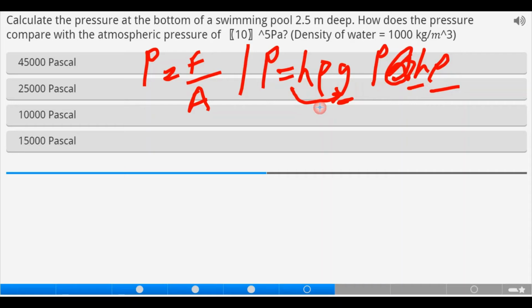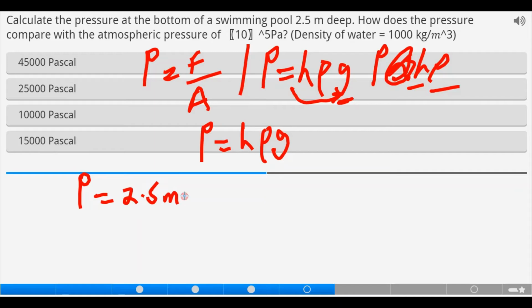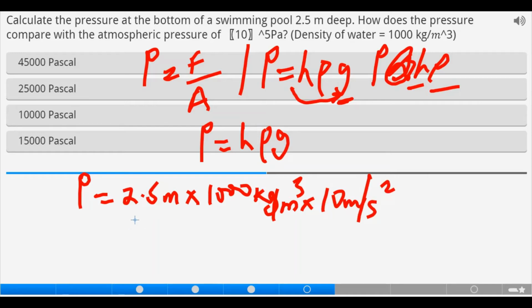But now we have P is equal to H rho G. So pressure is equal to height, 2.5 meters, times density, 1,000 kilogram per meter cube, times acceleration due to gravity, which if not specified here becomes 10 meters per second square. So let's simplify this.